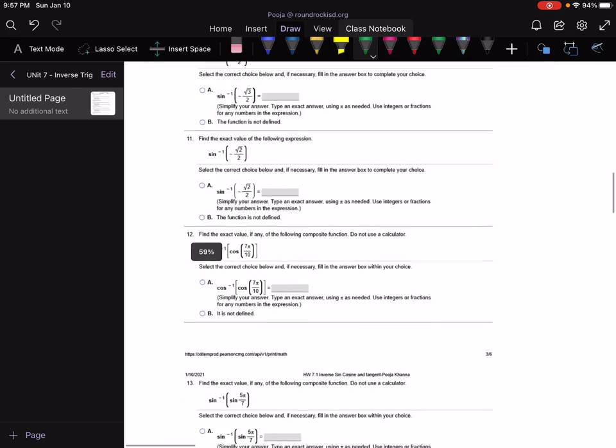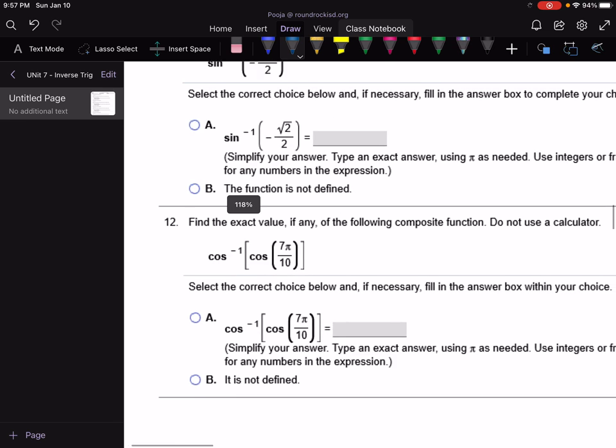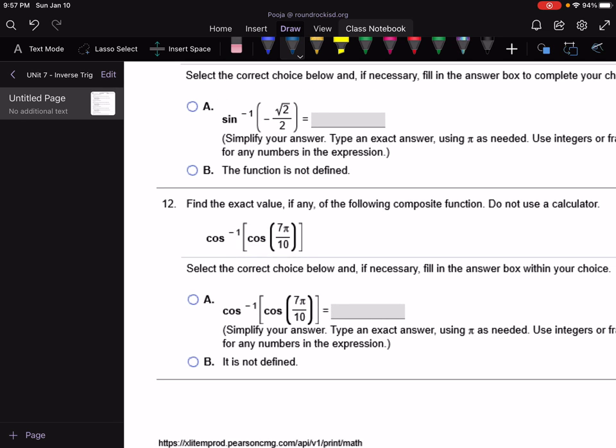And let me do one of these type. Okay, let's look at cosine inverse cosine 7 pi over 10. Now, when you see a function and its inverse together, this is the composition of the inverse and the function itself. You can go ahead and cancel them, and most likely this might be the answer.